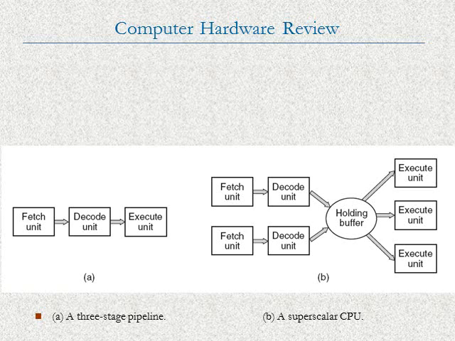On the other side, you have a superscalar CPU. A superscalar CPU implements instruction level parallelism, which means that a single processor can execute more than one instruction in one cycle.